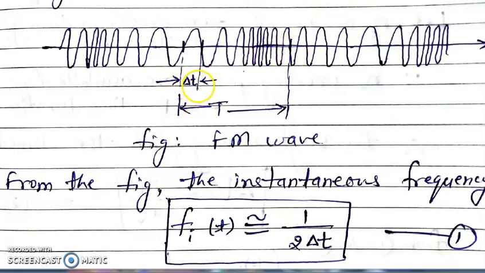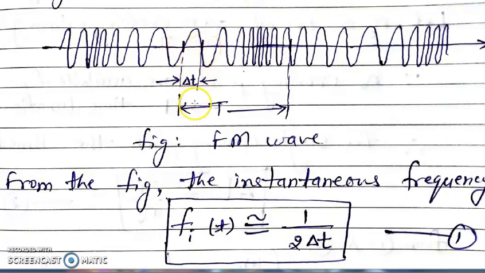It means that for a half cycle of one complete cycle of the modulated wave, if the time duration is del t, it will give only one zero crossing.